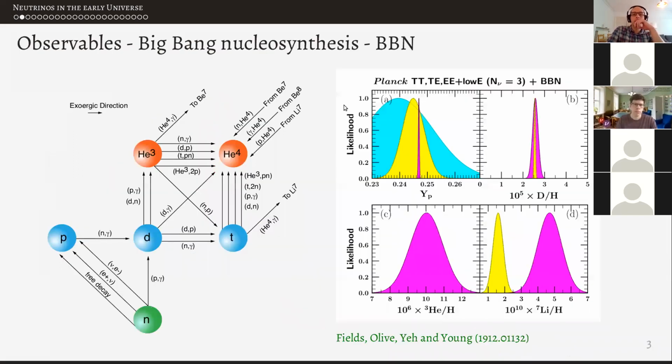So when we look at the things that we can observe from the early universe, one of the most interesting things are the light element abundances themselves.